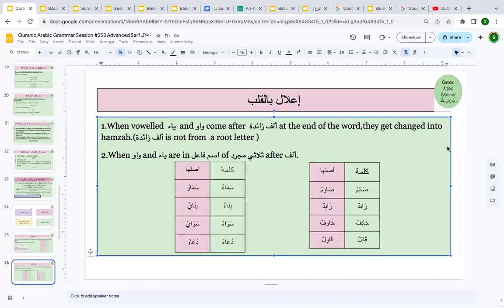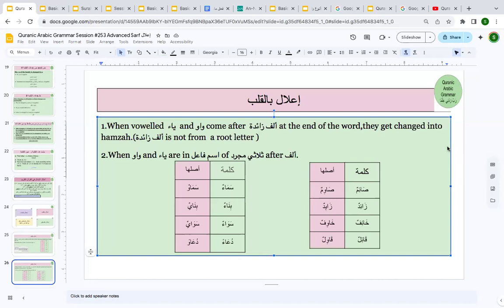In form 3, jahada yujahidu, alif is zaida. That is also something extra, not the root letter, right? In jahada yujahidu, also that is something extra there, right? And there you are going to see, sometimes there are going to be exceptions.